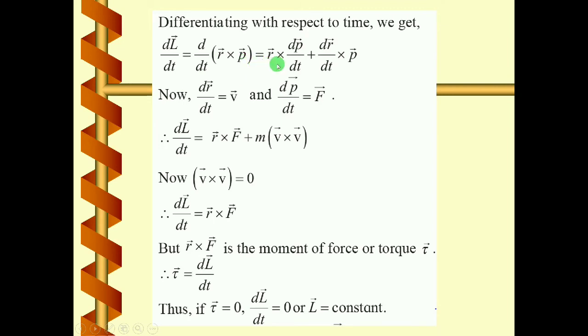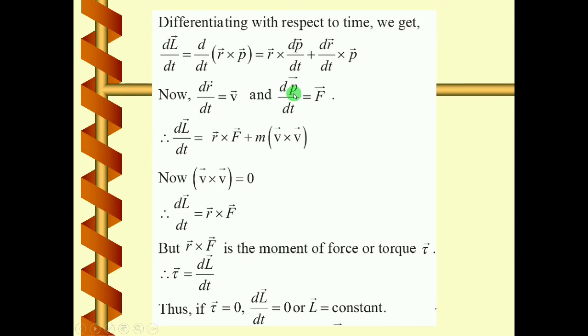Now, the next thing: we already know r is the position vector. So dr by dt, the change in the position vector with respect to time, is nothing but linear velocity. And p is linear momentum, so dp by dt will be force. How? Because we already know p is mv.